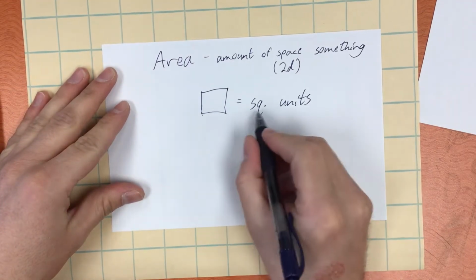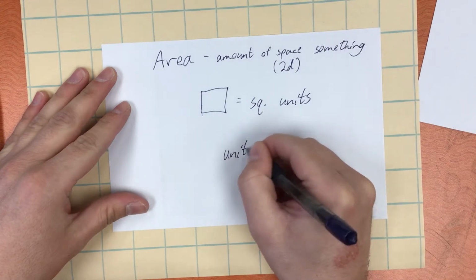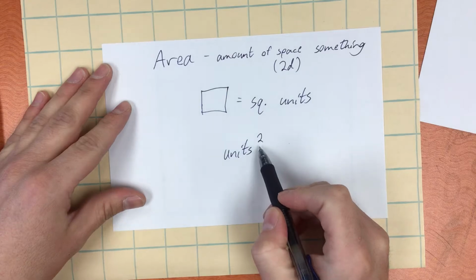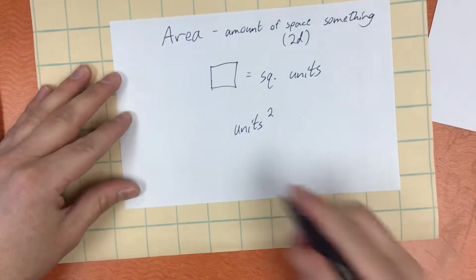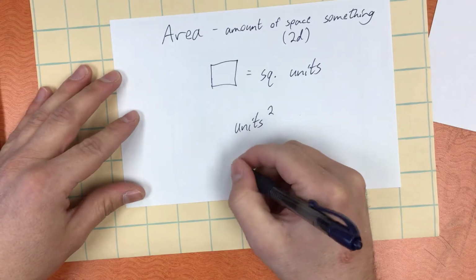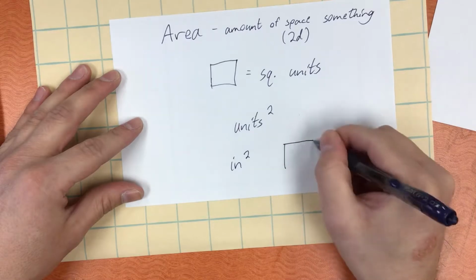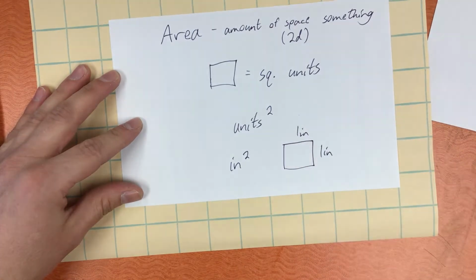You can write it like this, where it says square units, or you could write units squared. Remember our exponents? That means squared. So for example, if it was inches squared, we're gonna do that in here in a minute, I could write inches squared. That means 1 inch on this side and 1 inch on this side.